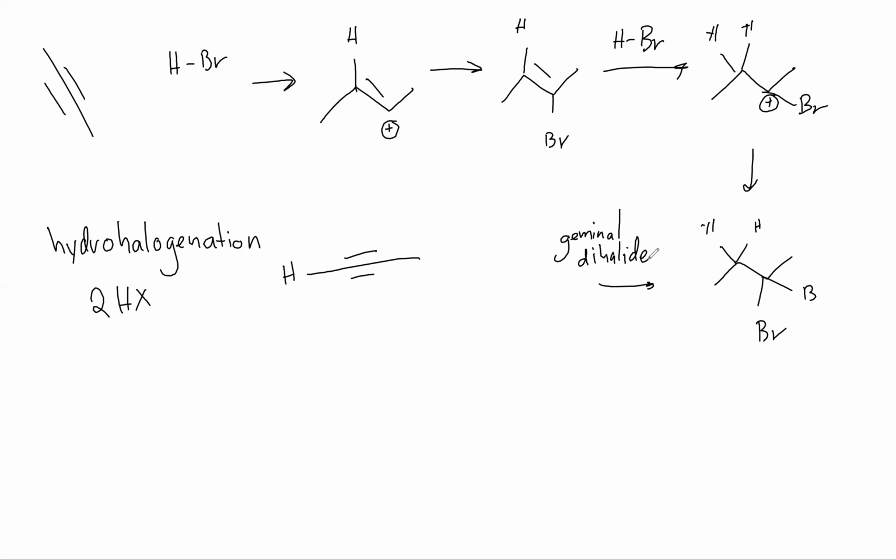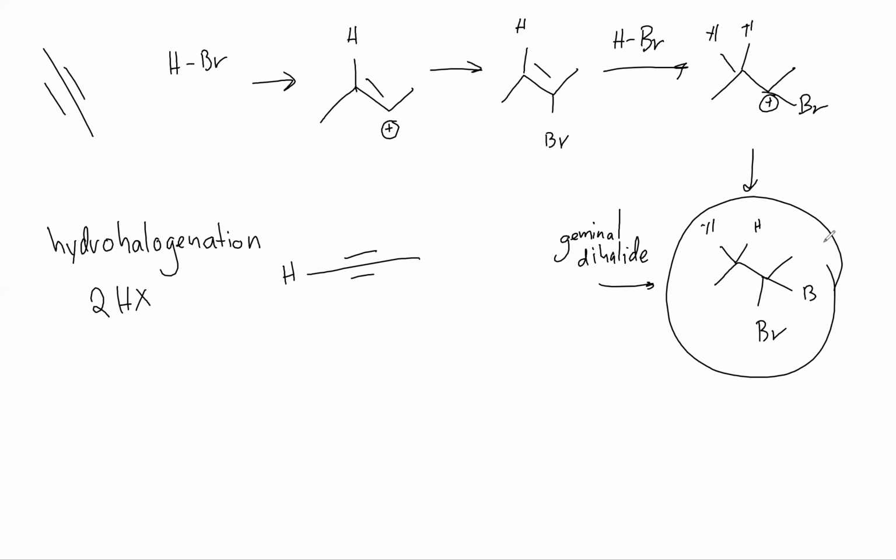Well, we need an alkyne to make a geminal dihalide. So if we're trying to make an alkyne, but we need an alkyne to make a geminal dihalide, we're just running around in circles. So a lot of the time you're going to see vicinal dihalides used more to create an alkyne rather than those geminal dihalides. Okay? Does that make sense?